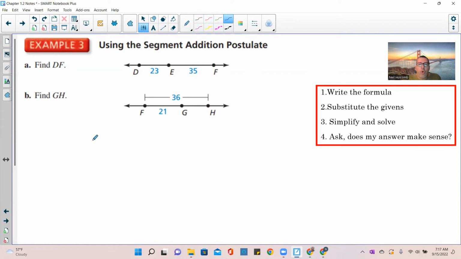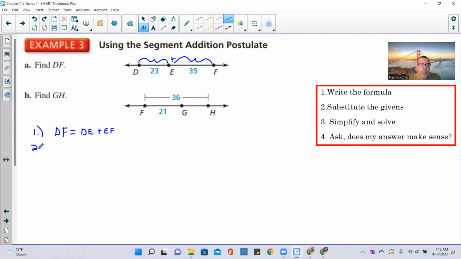So I'm going to write the whole thing. I'm going to write the formula. I'm going to say DF equals DE plus EF. So there's my formula. That's step 1. Write a formula.